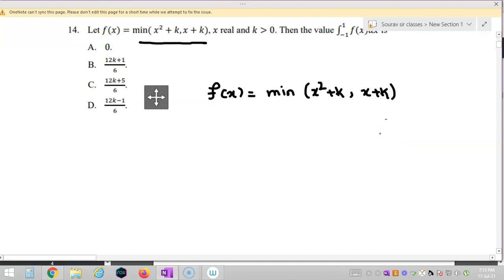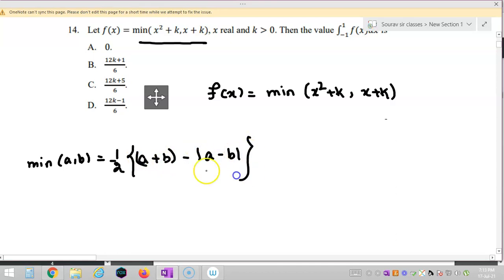So we know that minimum of a comma b, I can write the minimum of a comma b is equal to 1 by 2 times of a plus b minus mod of a minus b, right students? I can write minimum of a comma b of this form.